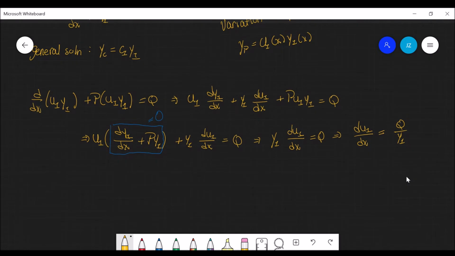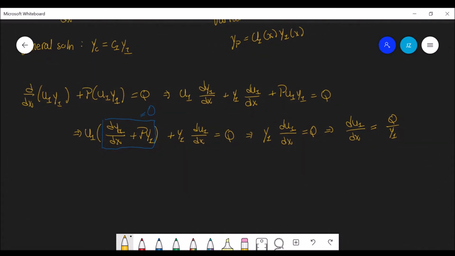Now that's separable. So du1 is q over y1 dx. And so u1 is the integral of q over y1 dx. So this is our u1.